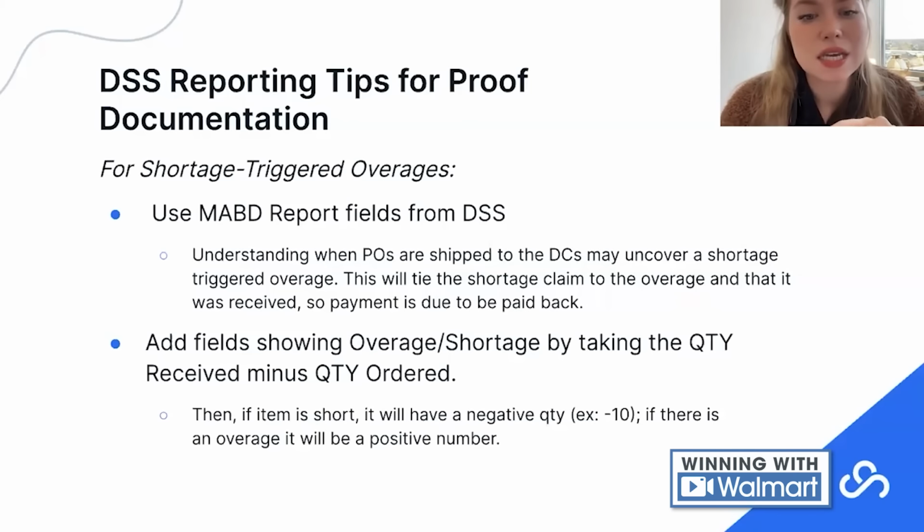We have seen the time that it takes to dispute increase significantly. Genpact and Walmart have gotten overwhelmed with the amount of deductions and disputes coming in, and so it has been taking longer for suppliers to receive money back on their disputes.